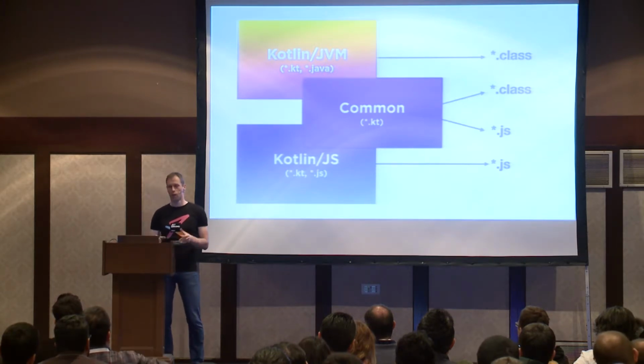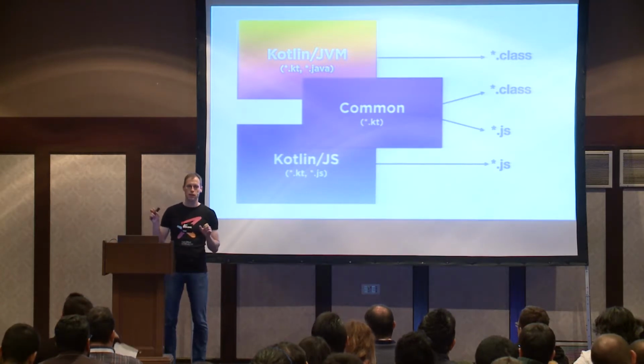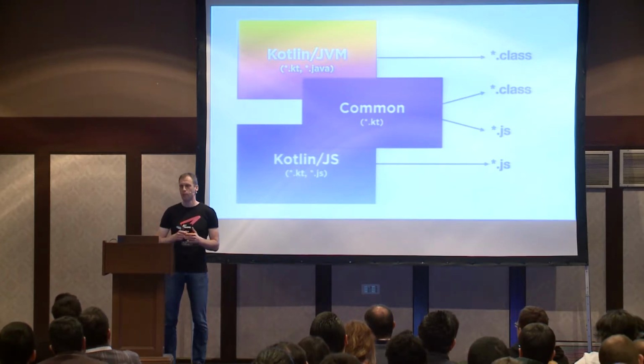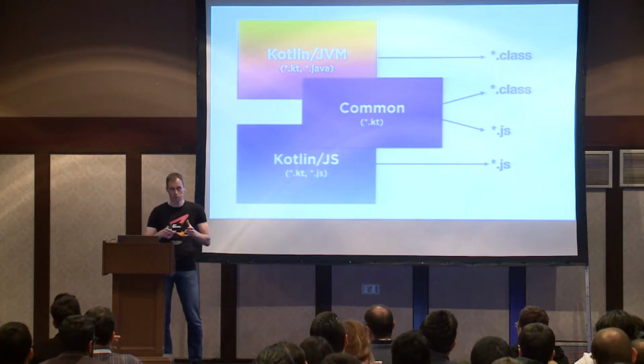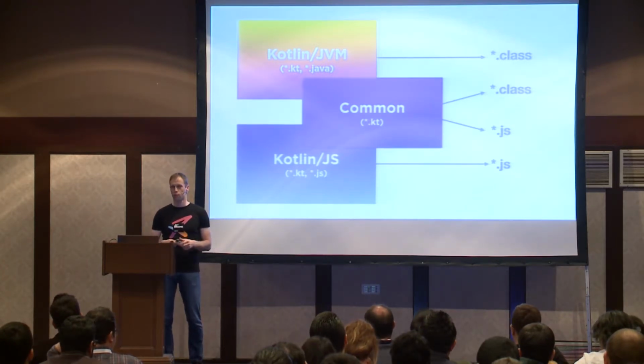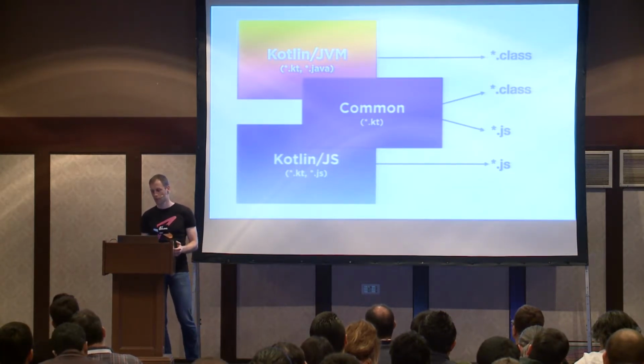And then, when you compile, a common module is compiled to some kind of metadata. It cannot be used directly, but it is used in platform-specific modules. And together with them, it compiles to actual executable code on the specific target platform.